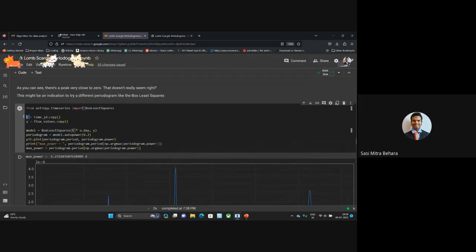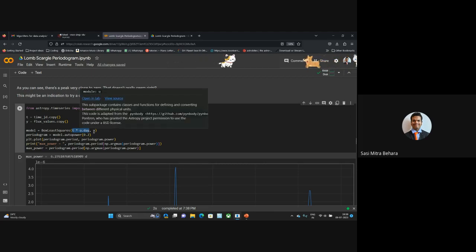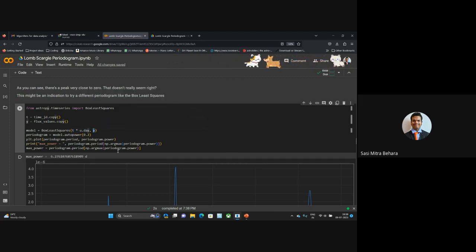So again, I have an array of time values and an array of y values. I'm making a model called Box Least Squares, and I'm giving it the time, specifying it has a unit of day, and also giving it the flux values as y.